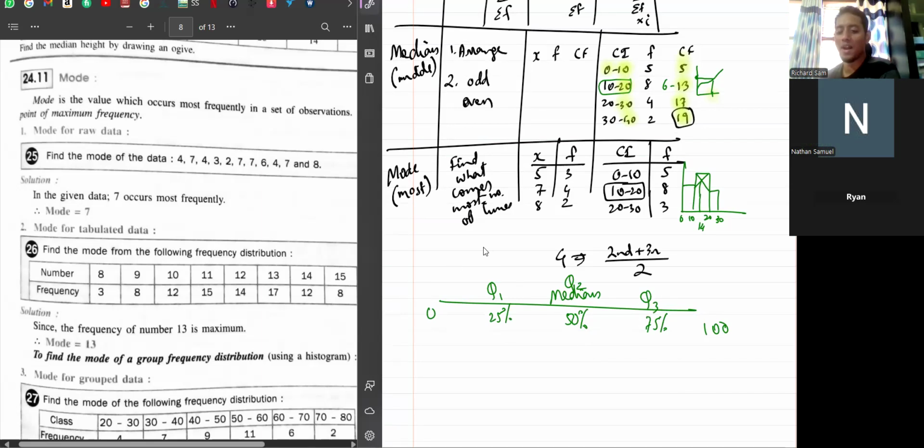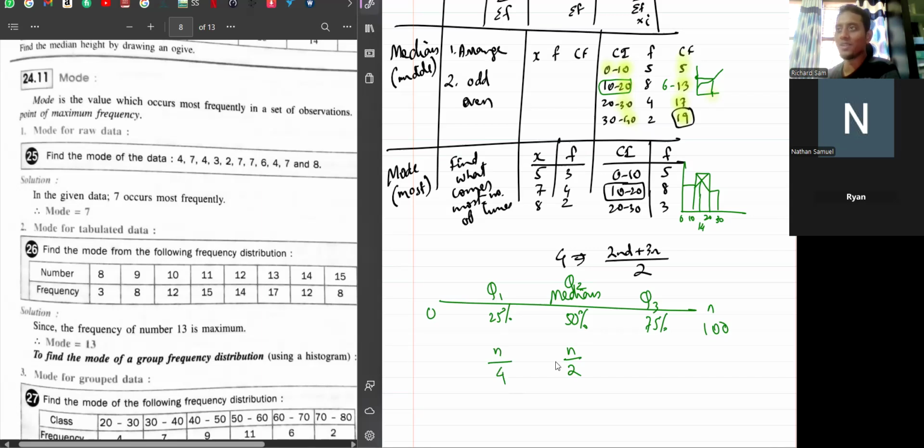So how do you find Q2, the median? N divided by 2. Whatever n is, if n is 100, n divided by 2, that's 50, the middle value. How do you find Q1? N divided by 4.